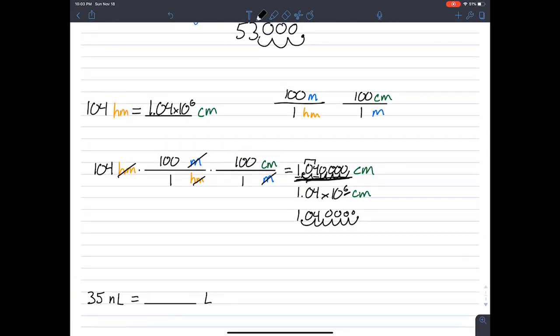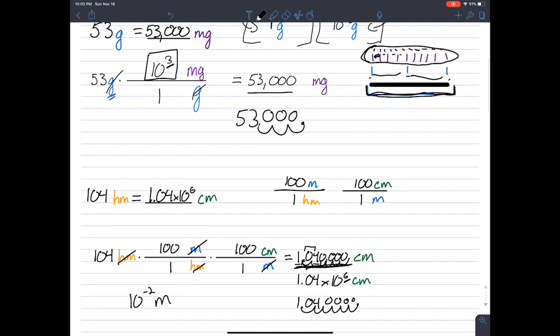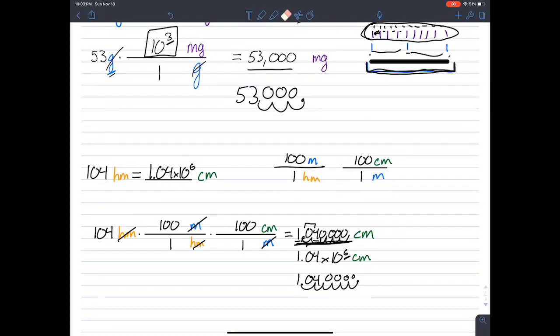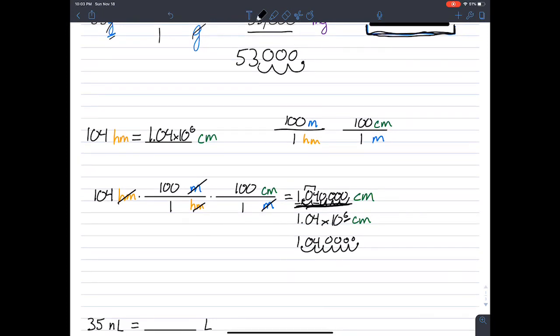Same thing down here. So if you're going from hectometers to meters, and you know that 1 hectometer is 10 to the negative 2nd meters, so you know that, back it up. I almost just stopped the whole video because I had to think for a second, but we're going to keep rolling.